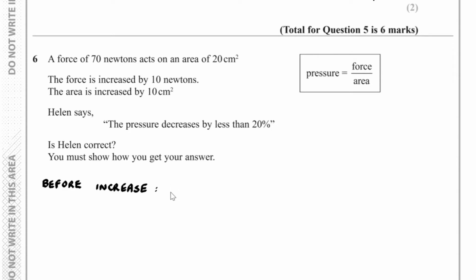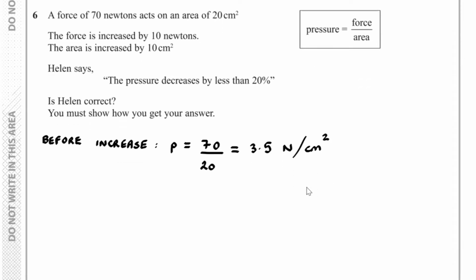Before the increase, the pressure is equal to the force, which is 70 newtons, divided by the area, which is 20. So the pressure is 3.5 newtons per centimeter squared.